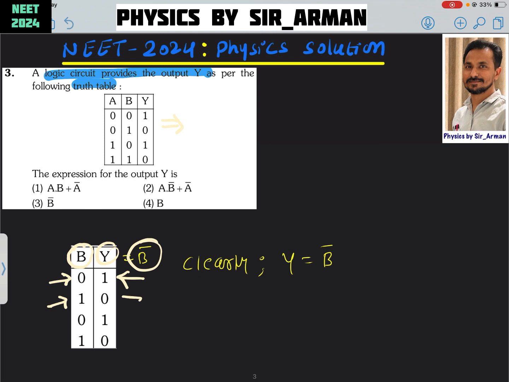When it is 1, the output is 0. When it is 0, it is 1. And when it is 1, the output is 0. So clearly the output is the reverse of B every time. It means we can write y is equal to B bar. So option number 3 is correct.